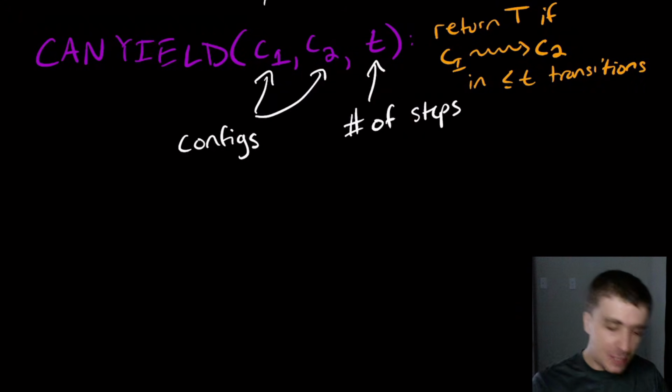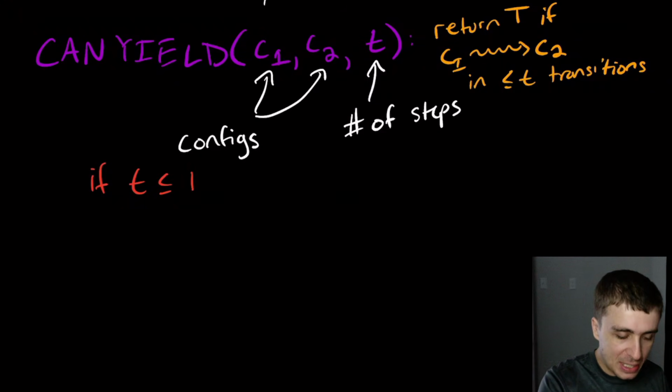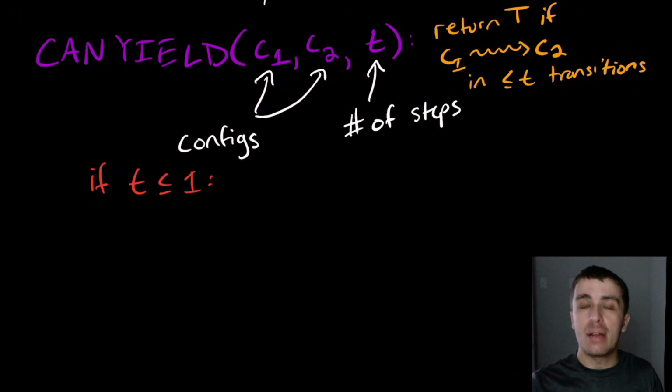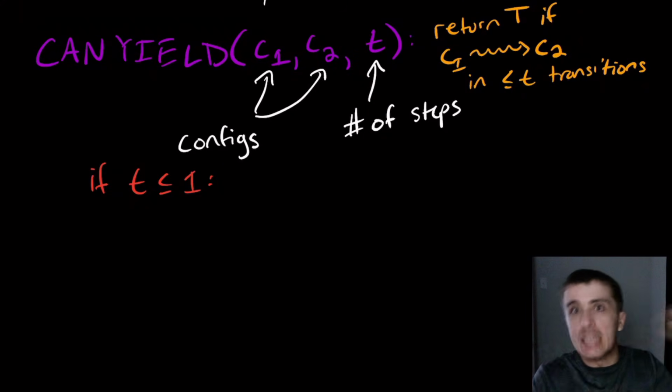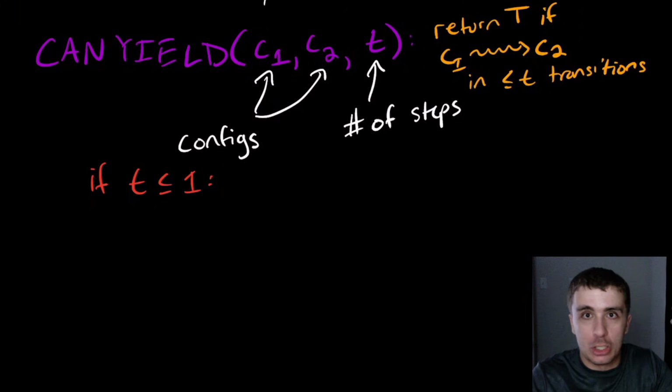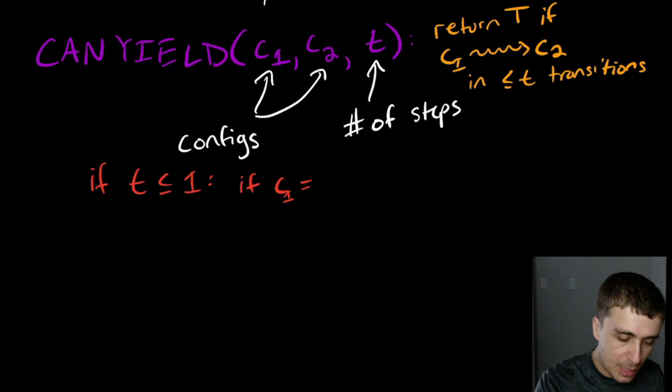So if T is less than 1, then what we should figure out is if C1 is equal to C2, then that means we don't have to take any transitions at all. It's 0. So if C1 equals C2, then we return true.